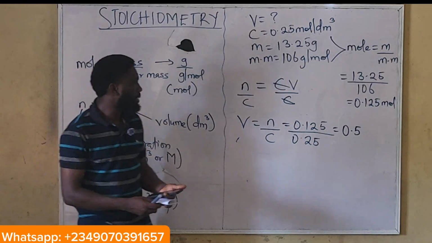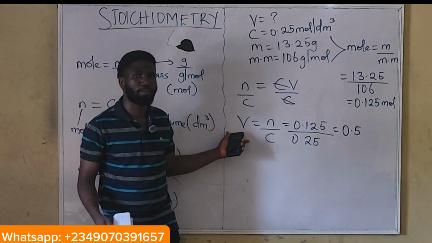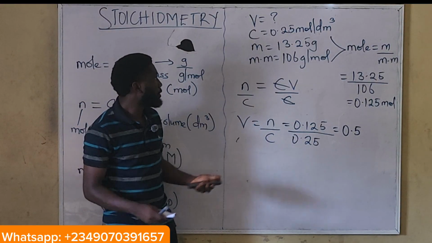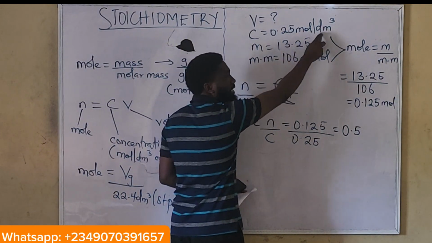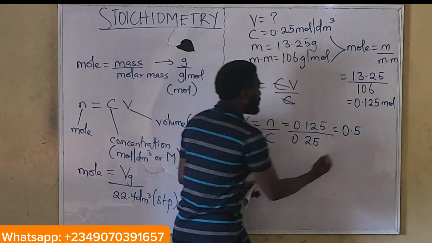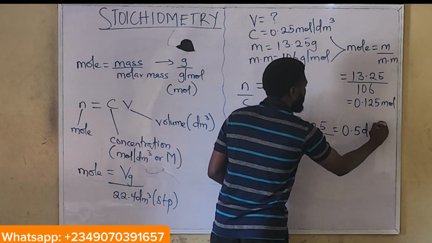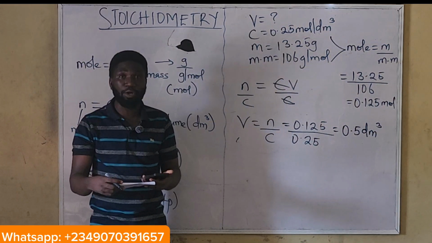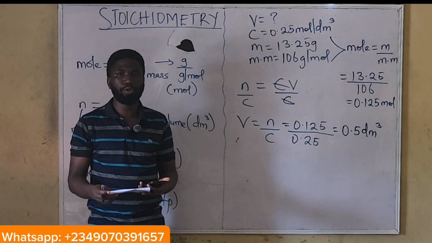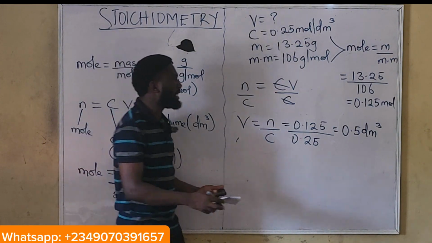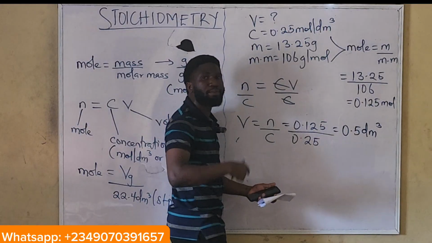The unit for the volume will be in dm cube. Do you know the reason? We have the concentration here in mole per dm cube. So that means our volume will be in dm cube. But in the question, we have the options in cm cube. So what do we do? We have to change dm cube to cm cube.